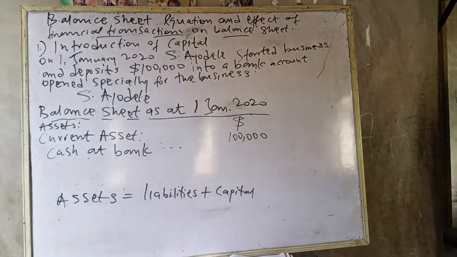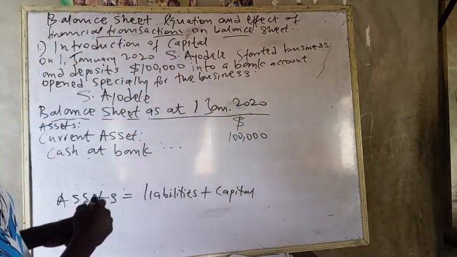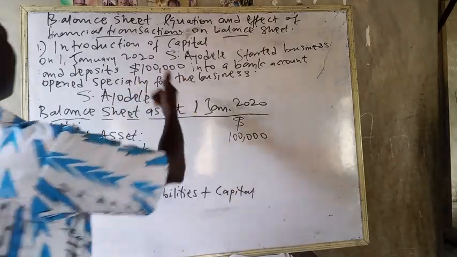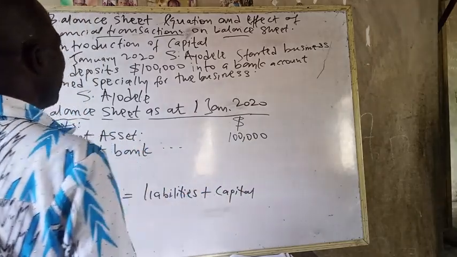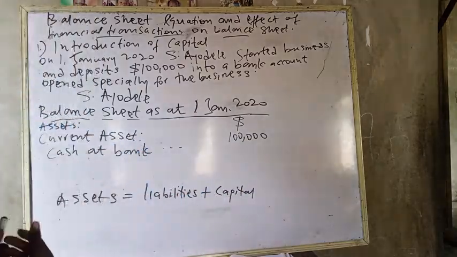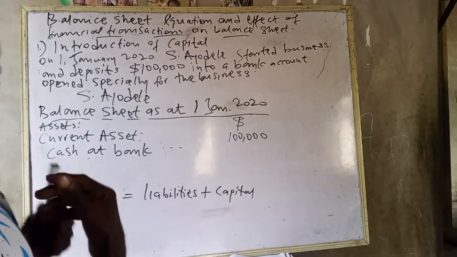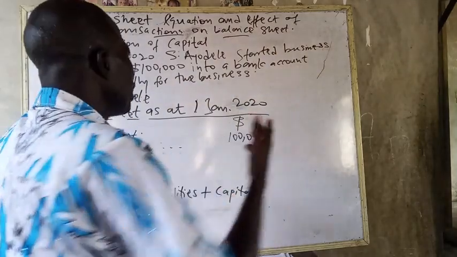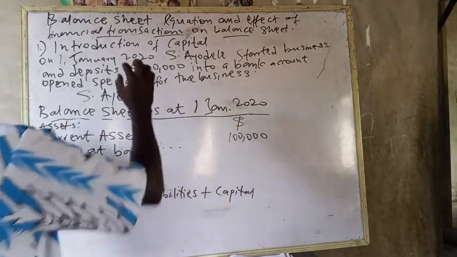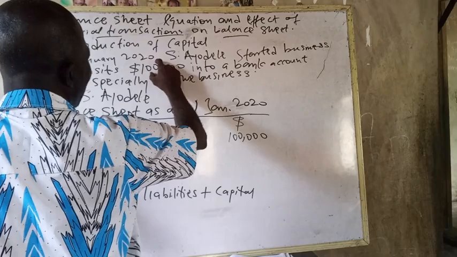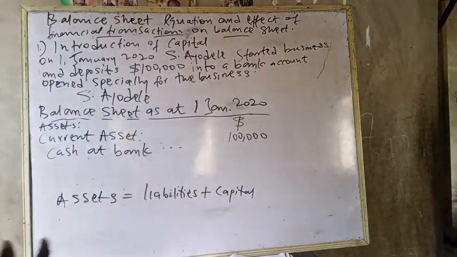But in this case, as you have seen, there is no liability, isn't it? He deposited money in the bank account. That means the money he has is what he deposited into the bank. So there are two transactions. He deposited 100,000, that is the capital to start the business, into the bank account. There is no liability yet.